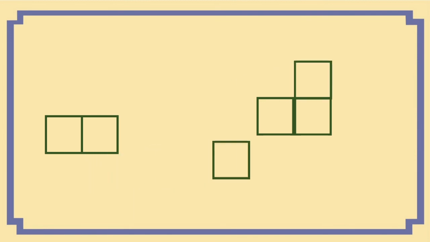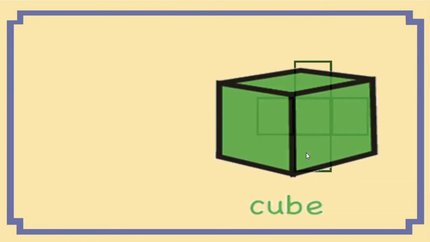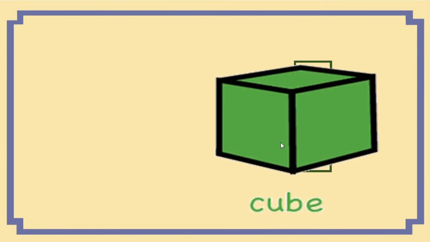Can you imagine? This is one more side. This is the last side, that is the fourth side. Now here this is the upper side or the cover of this box. When you join like this, you will get the box like this.